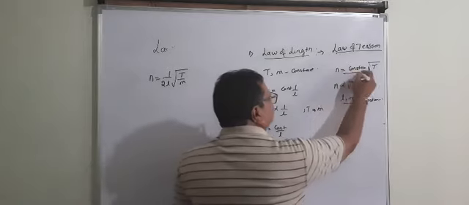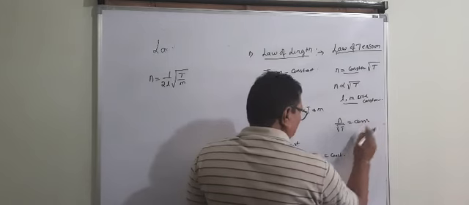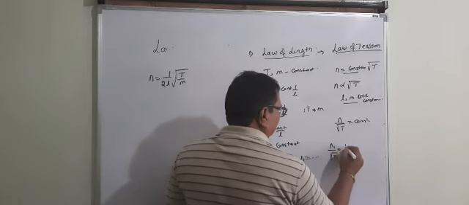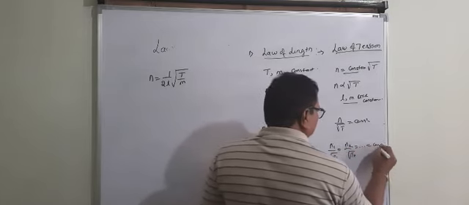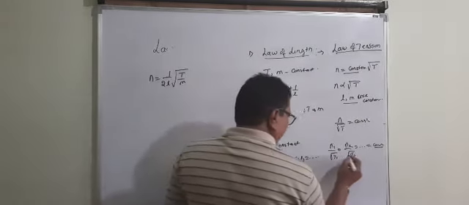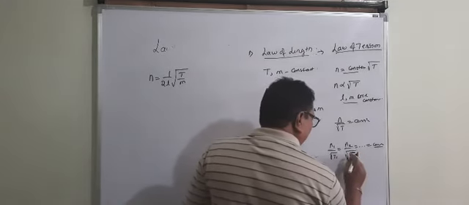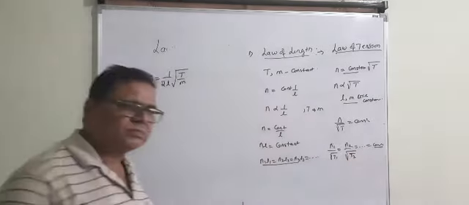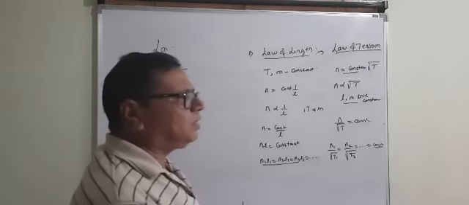Or in other words, from this equation we can write n upon root T equal to constant, or n1 upon root T1 equals n2 upon root T2 equals constant. These expressions are very fruitful for solving numerical problems.